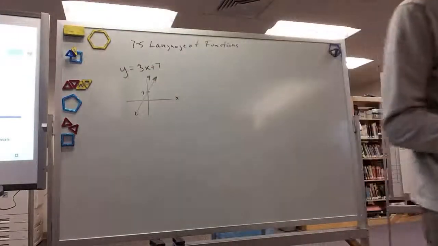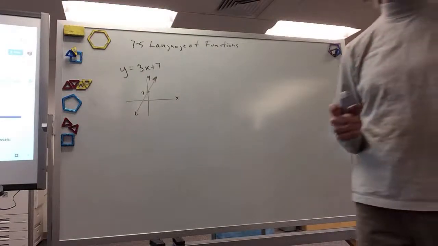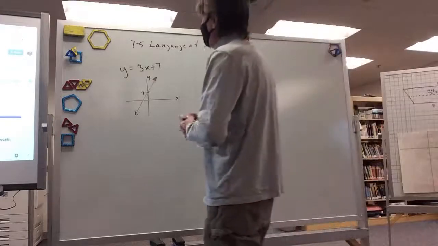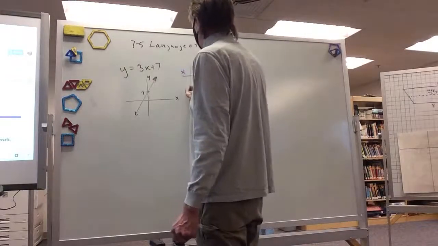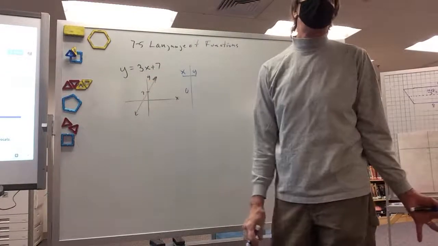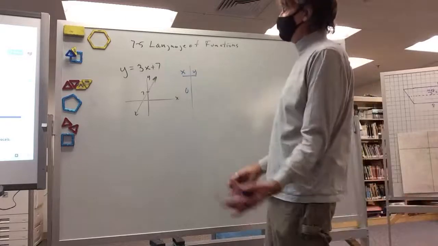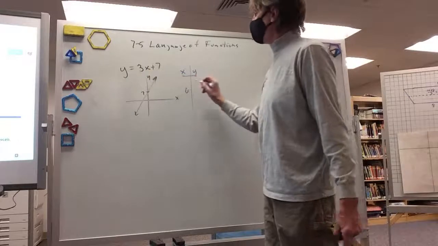Now, is this a function? And the answer is yes. And this is why it's a function. It's a function because if I made a table of values and I said x was equal to 0, what does y have to be? Put 0 in, what does y equal?